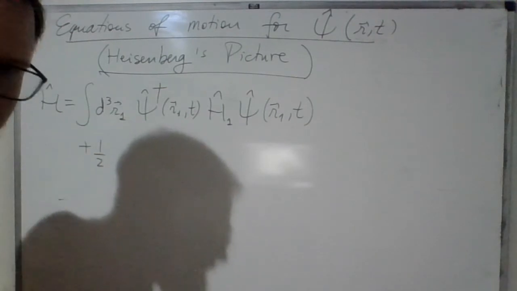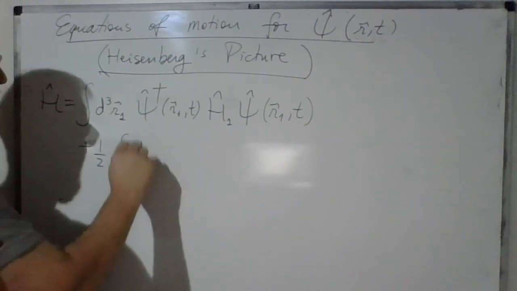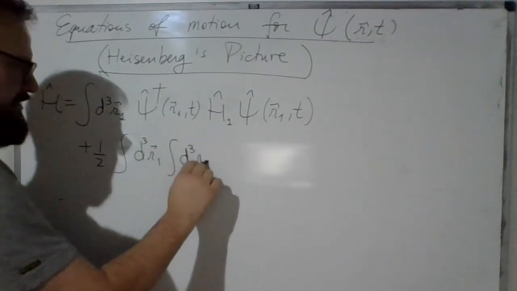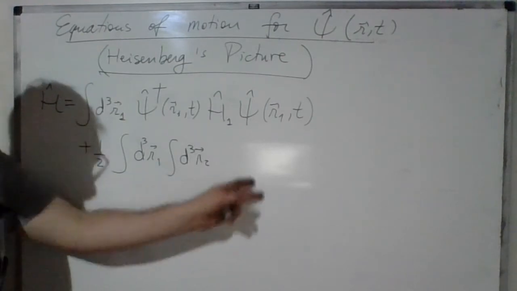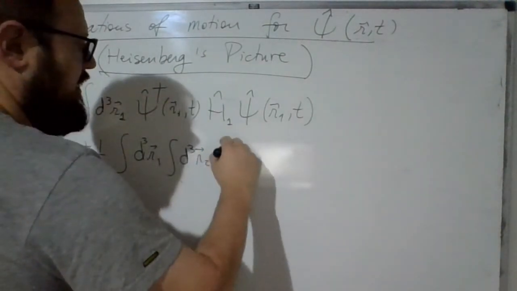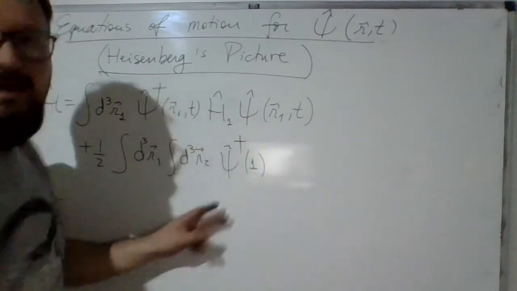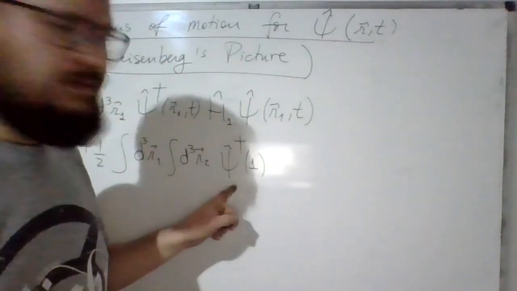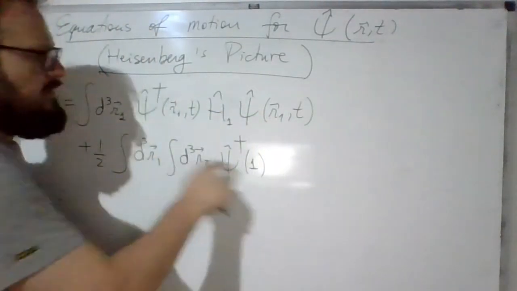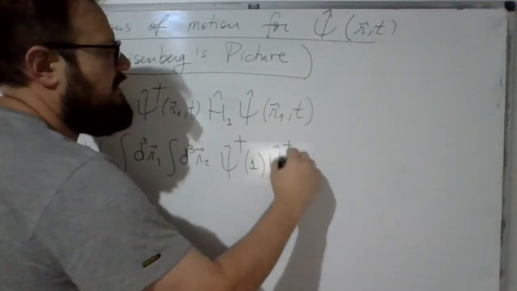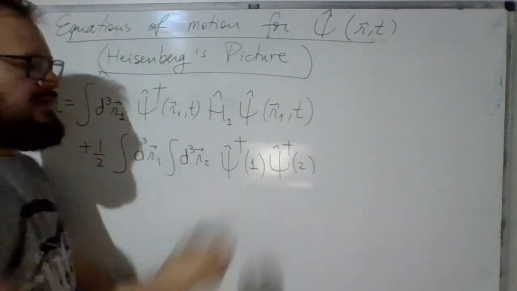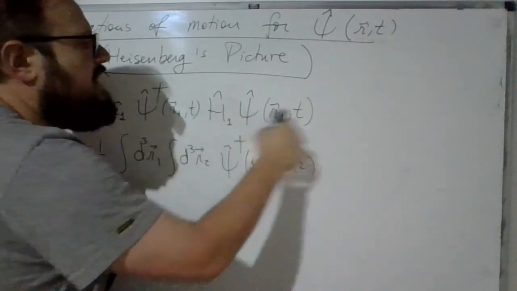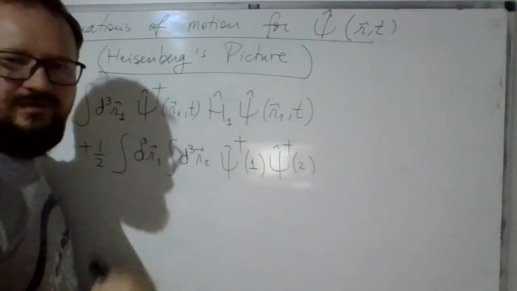Suppose you have a second order interaction, an integral over r1, an integral over r2 over the entire volume, psi dagger of 1. Let me use the condensed notation. For r1 I will use 1, so psi dagger of 2. Time is implicit, okay? It depends on time, and the Hamiltonian is calculated with all the wave functions at the same time, okay? So this is for the Hamiltonian.